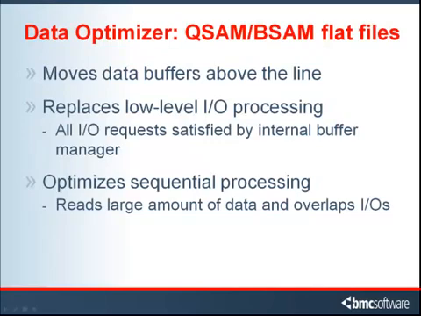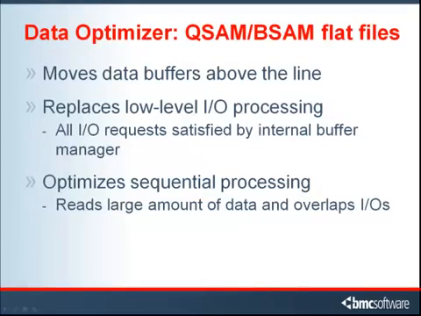For QSAM and BSAM datasets, these are sequential files, the Data Optimizer builds special buffers above the line that allow pre-reading of large amounts of data. This significantly reduces the wait time for the data to be returned to the programs. The Data Optimizer replaces the low-level I/O processing, providing complete control of buffer management and physical I/O requests.